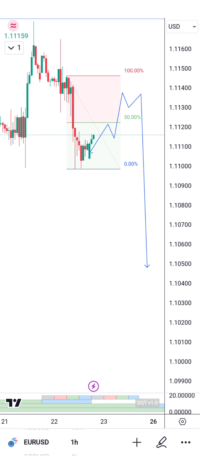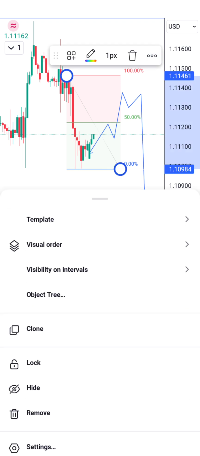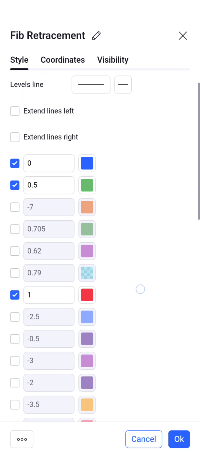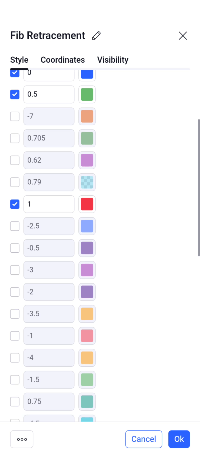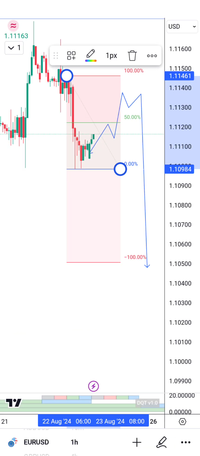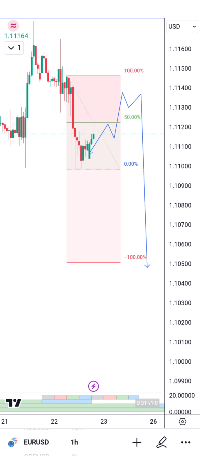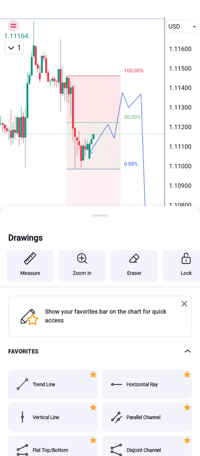So if you want to project this range downward by a full range, we can simply come to our Fibonacci tool settings and do a complete standard deviation. We just toggle on -1, which means we want to see price trade a full standard below here, and that is going to be our profit level.